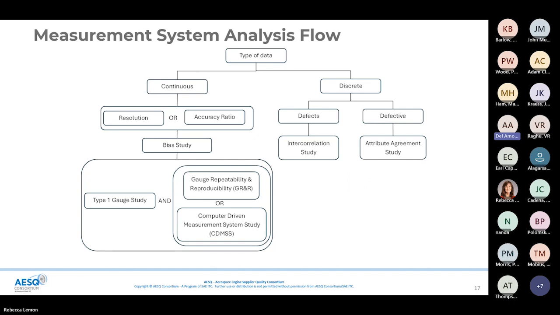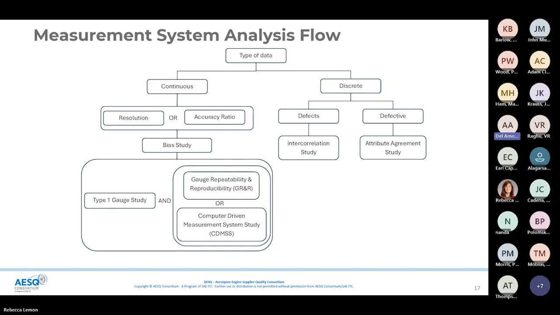There are several types of MSA, right? The type of MSA is going to depend on the kind of data that you're collecting. So here's a representation of the flow and logic that will help you decide what type of MSA you need to perform. The first question is whether the data you have collected is continuous or discrete.